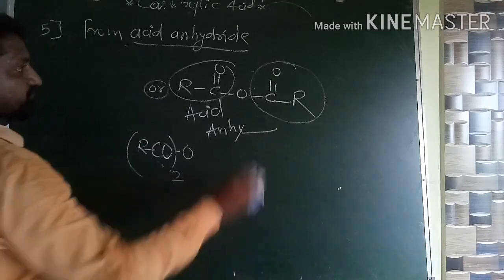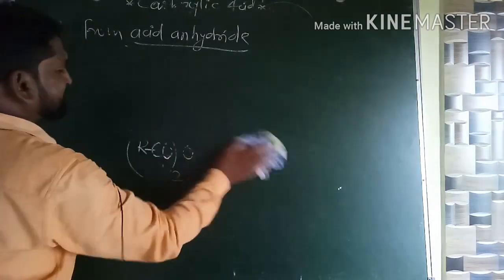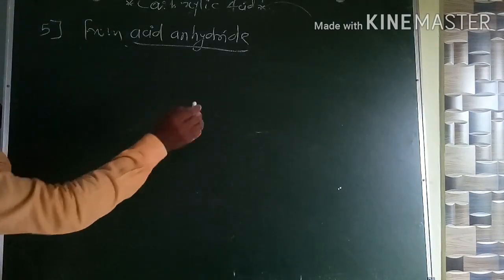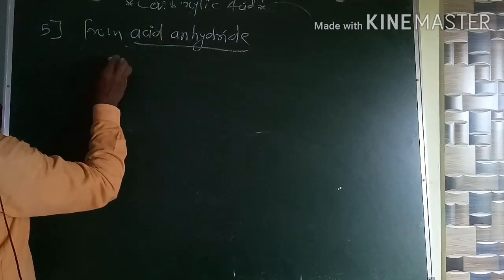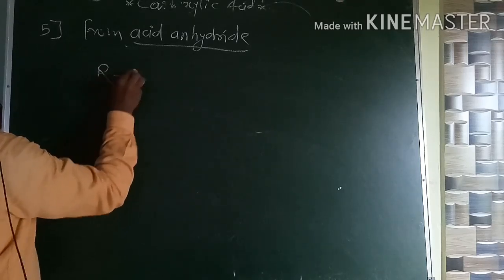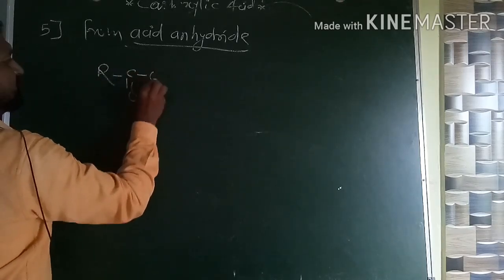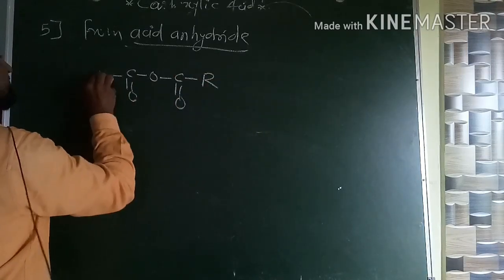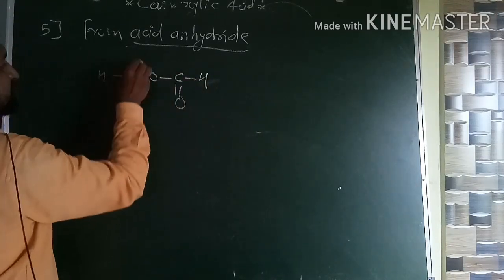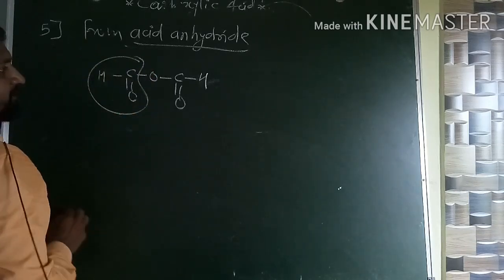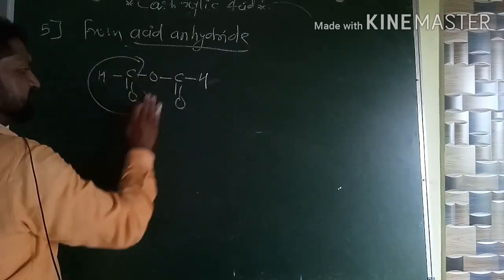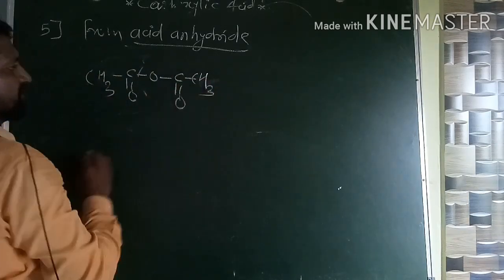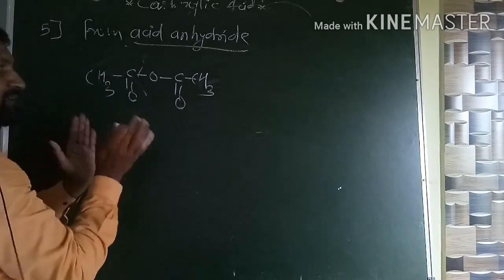I hope you got it. According to acid, type of acid, it is the anhydride of formic acid, anhydride of acetic acid, so and so and so. See here. RCO, O, CO, R. If I write H here, which acid is this? Formic acid. Therefore, anhydride of formic acid. If I write CH3, CH3, anhydride of acetic acid, like that.